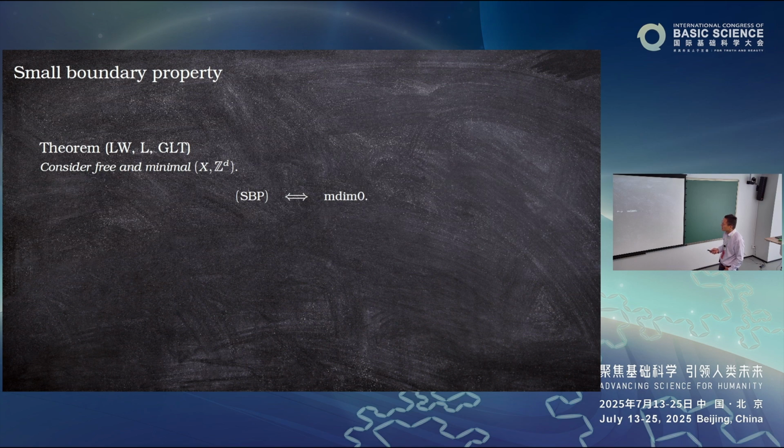That's what was shown by Lindenstrauss and Weiss. Then in the Z-to-the-d case, you have the converse. Actually, they proved something weaker than this. It's not necessarily just free and minimal.